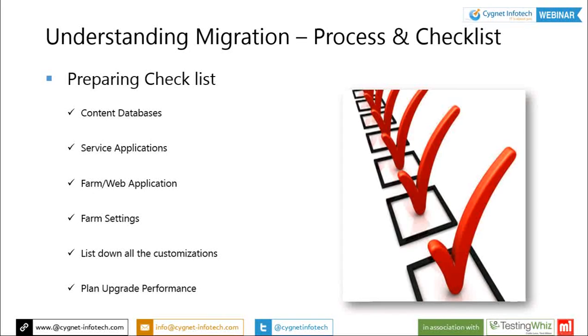Based on that you need to plan what type of performance you are looking for. At least these are the parameters that can be evaluated at validation time, so you can consider whether your migration went successfully or not. If it is not, then you can take the appropriate actions and come out of it, and you will have better performance with the new version of SharePoint 2013.